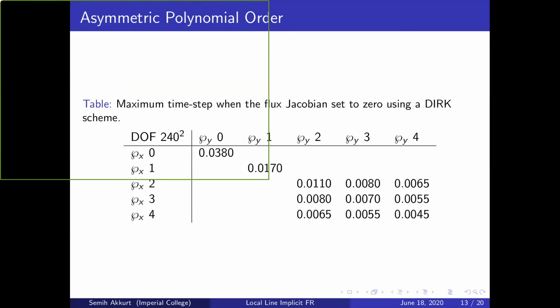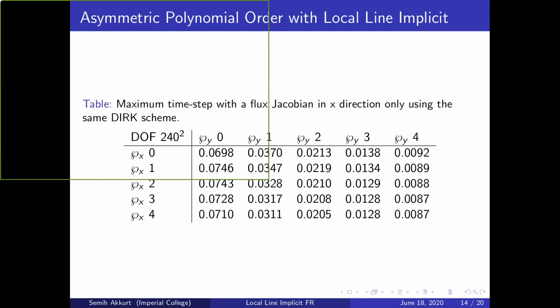And as you increase polynomial order, you're getting a CFL restriction. But when you enable the local line implicit, in this table, the local line coupling is introduced in x direction. So by keeping py constant, when you increase polynomial order in x, there is no additional restriction coming to the system. So my proposition in the beginning is simply correct.